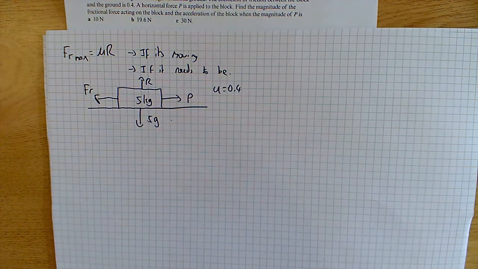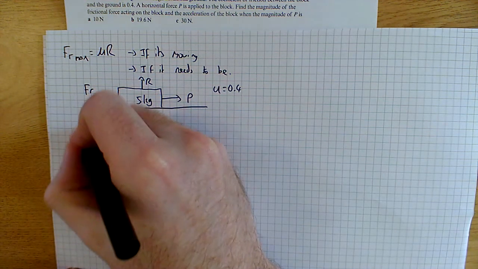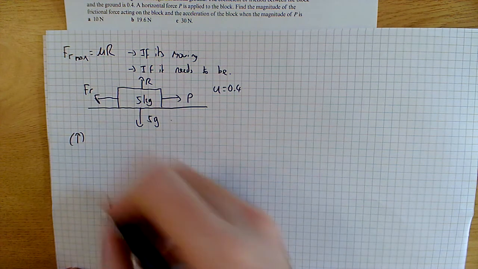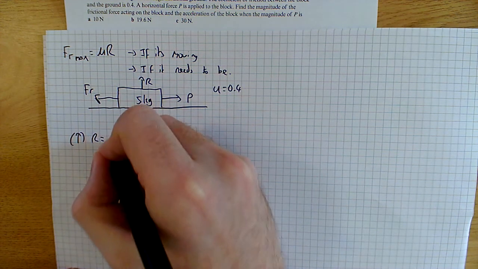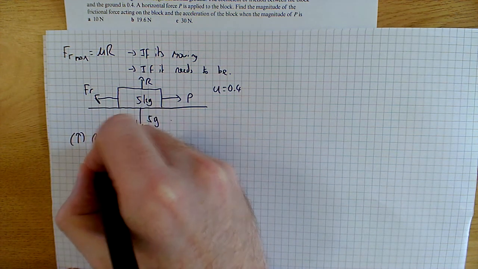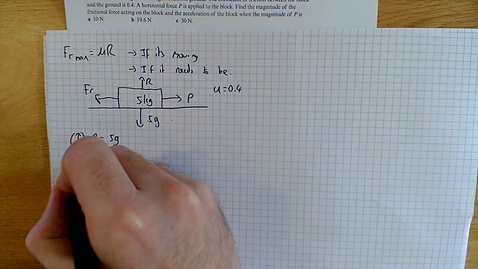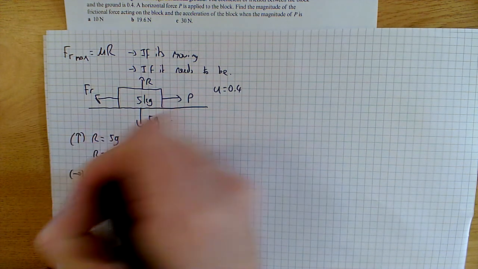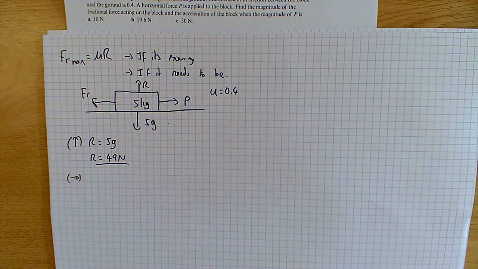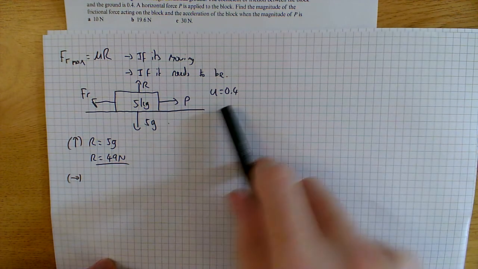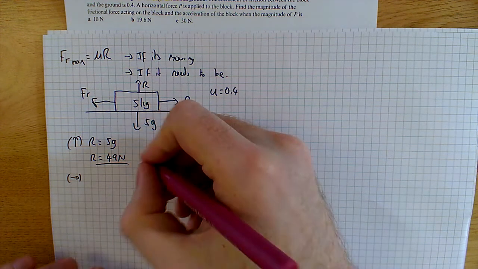So the first thing we're going to do is resolve it vertically. That tells us that R is equal to 5g, so R equals 49 newtons again. Then we're going to resolve it horizontally, and to do that we need to know what the maximum value of friction will be. Because we've now got R and we've got mu, we can do that.